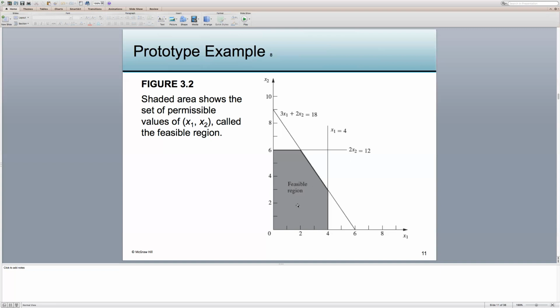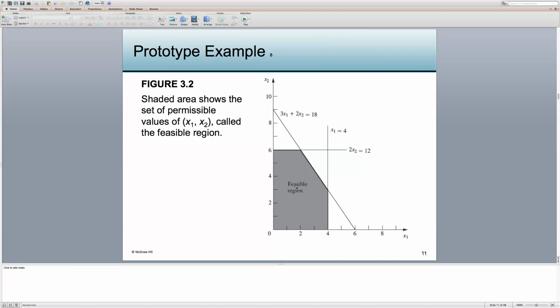So we have all the points x1 and x2 in this region, and each of those is a choice we could make for how many batches of product 1 and how many batches of product 2 we want our company to produce. And associated with every such point, for every choice of x1 and x2, is the profit that the company would generate from that allocation of resources.